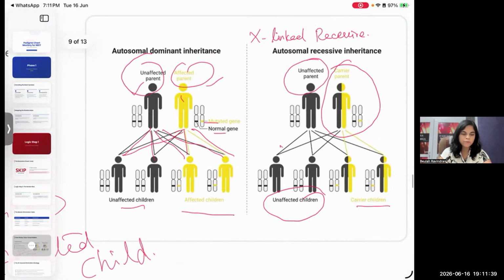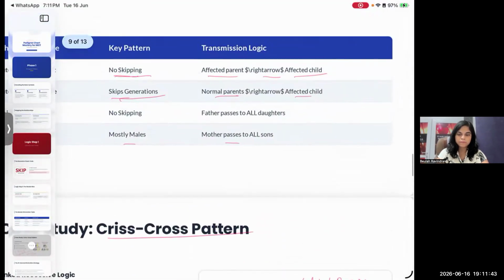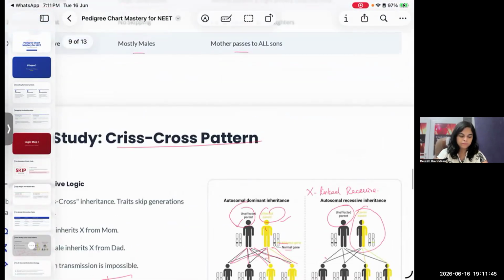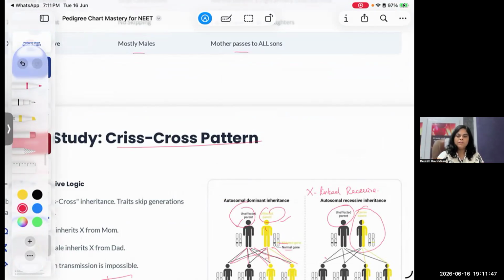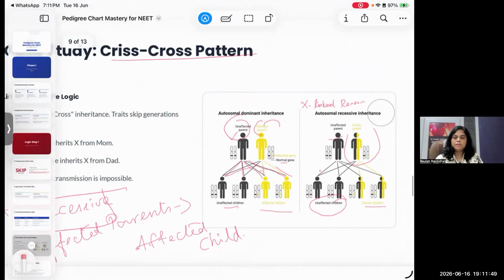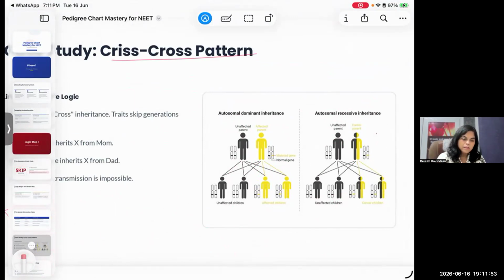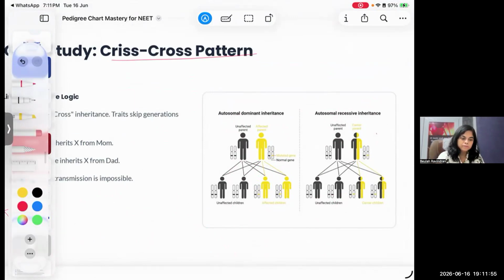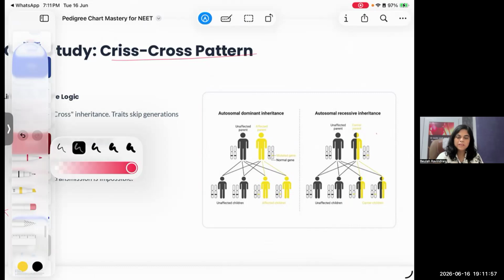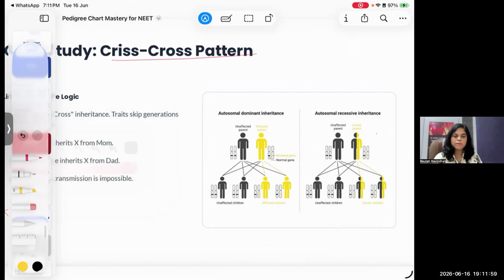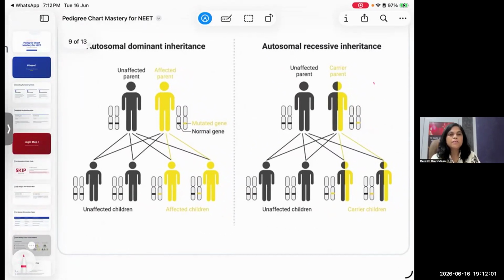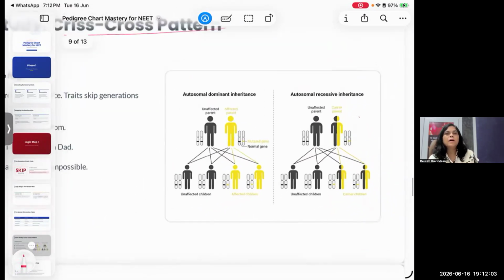I'll explain again. In this, you must observe this pattern. So this is the crisscross analysis.